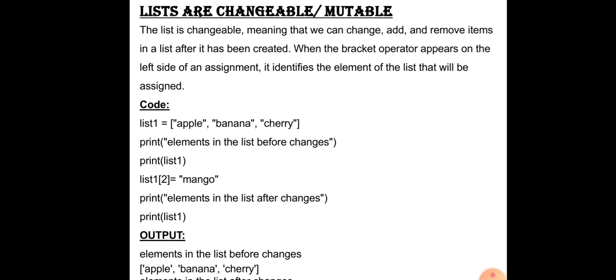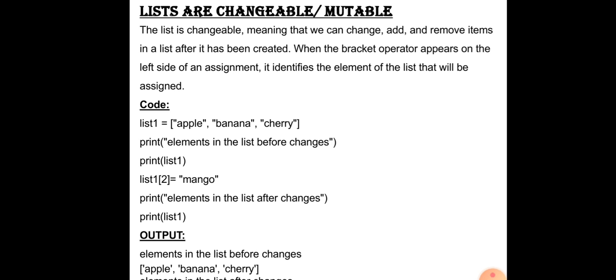Lists are changeable, which means lists are mutable. Mutability means we can change or update the elements in the list after we have created it. Here I have created a list named list1, and I have stored the elements apple, banana and cherry. In the fourth line, I have updated the element as mango at position 2.